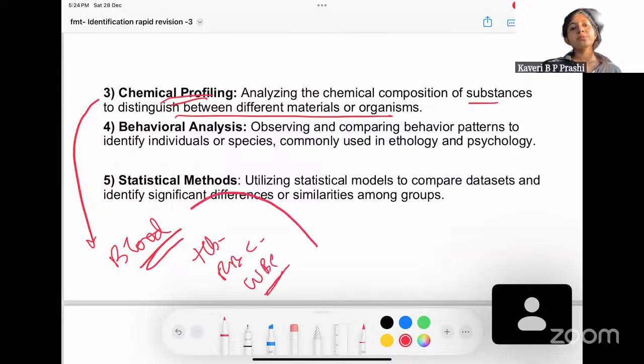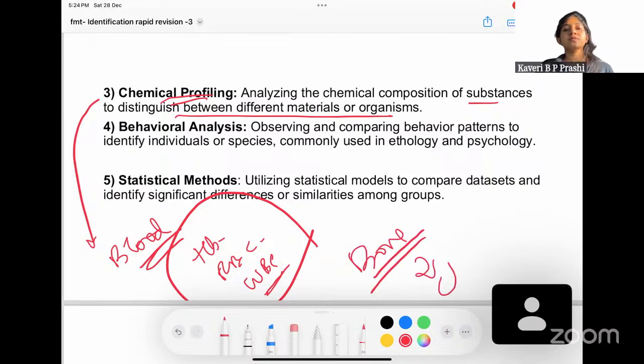The proportion, the actual range given for humans, is going to be different from that given for an animal. Or if you look at the bones of a human, the chemical composition is going to be different from that of an animal. Maybe certain minerals are more in humans, whereas less in certain other animals. This way you do chemical profiling to do comparison to identify a particular species or a particular animal.